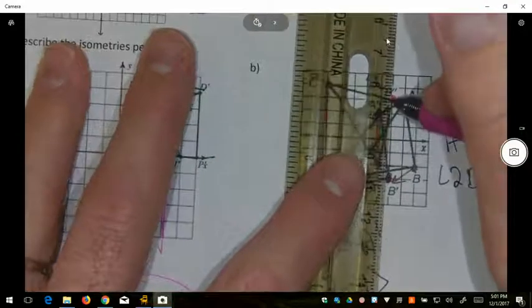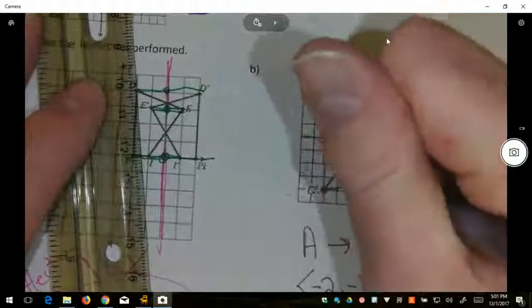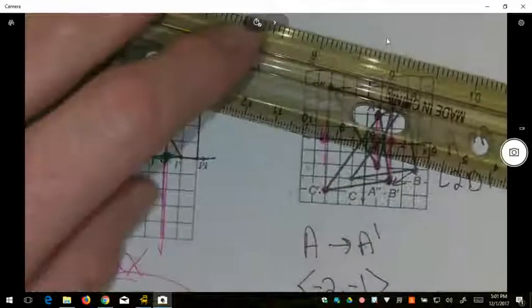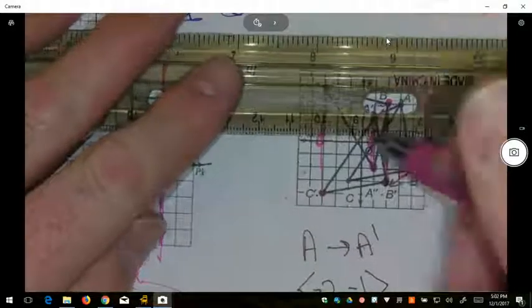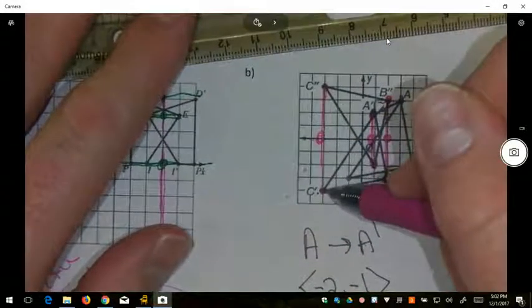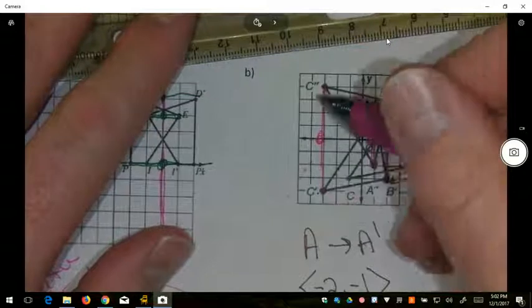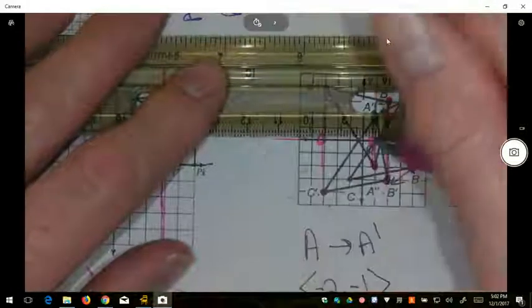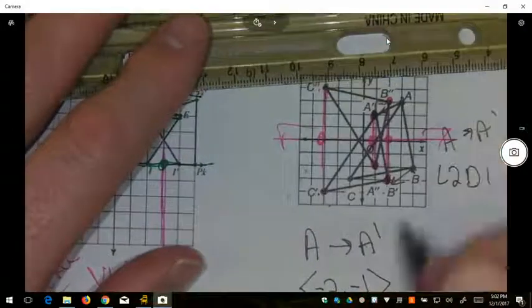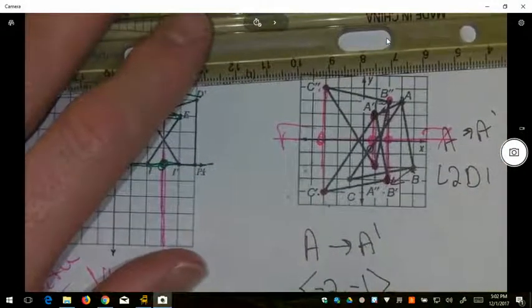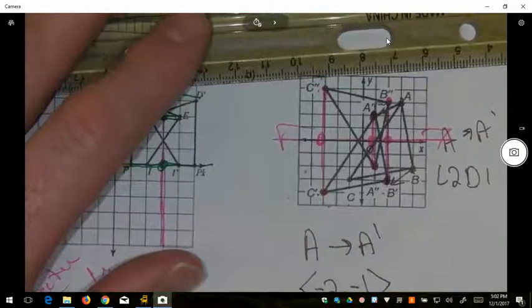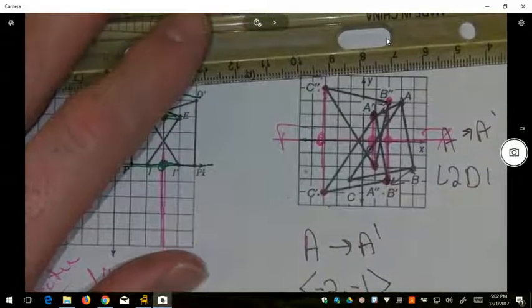Just going to double check. And it is, because the midpoints of the segments connecting the image and the final image form a common line, which is the x-axis. So to get from A prime to A double prime, it was a reflection over the x-axis.